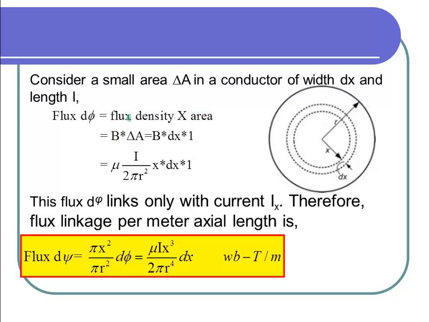The flux density we have already calculated, B, into that area, del A. The del A we can represent as del x, the width of the considered circular path, and we consider a unit length, so the unit length here we substitute as 1. If we substitute the value of B in terms of H, we get mu Ix dx by 2 pi r square.